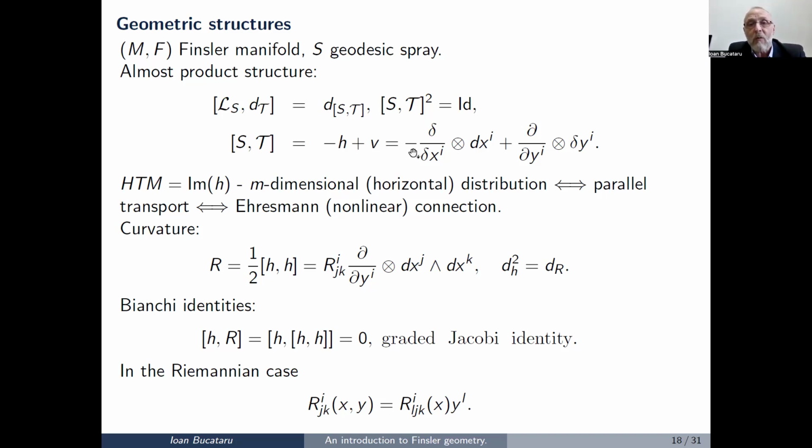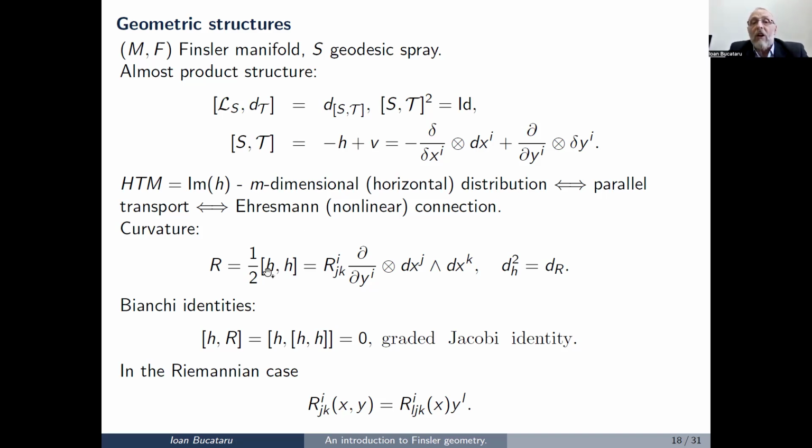And corresponding to -1, I have another subspace, which I will call the horizontal distribution. And this is how we come to what is called the nonlinear connection, sometimes called the Ehresmann connection. And we come with this projector here, H, which is a vector valued one form and gives the horizontal distribution.